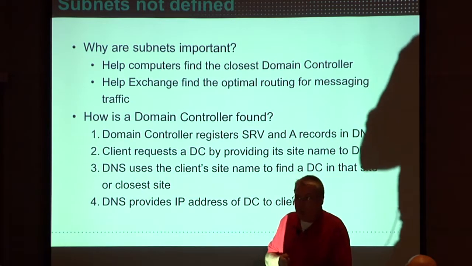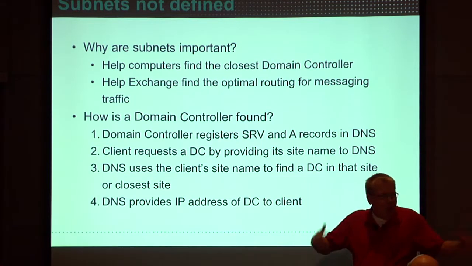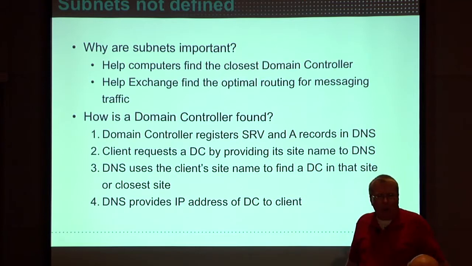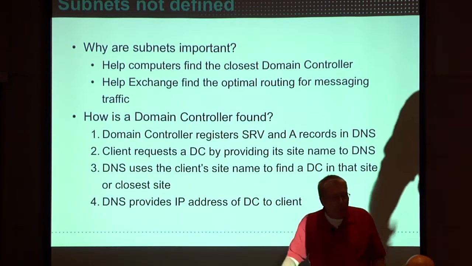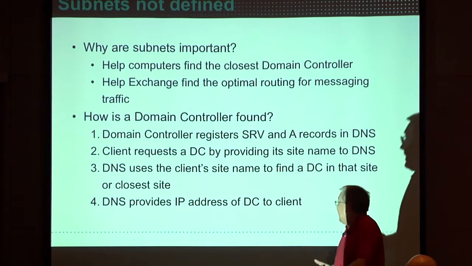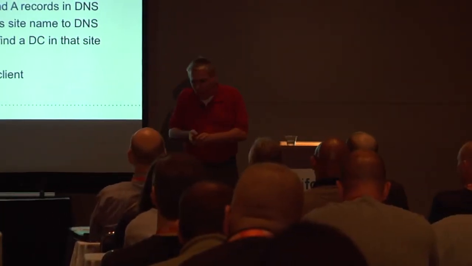And of course, it never bothered them when the user kept saying, why does it take me so long to log in every morning? I don't know, everything looks fine here. So we go in and look, and what we find is that there are no subnets defined.